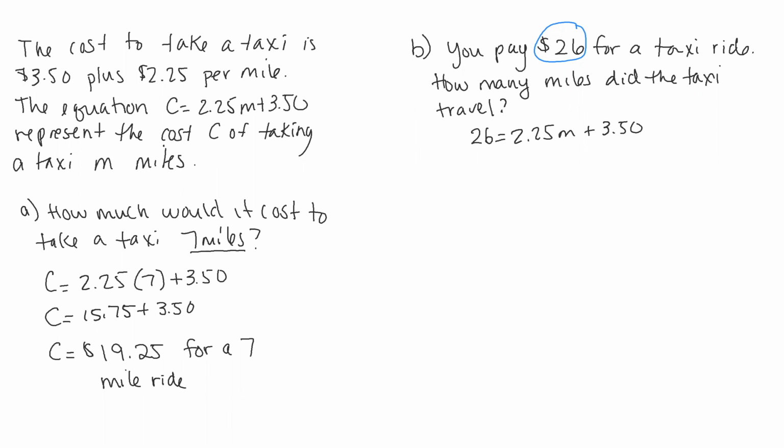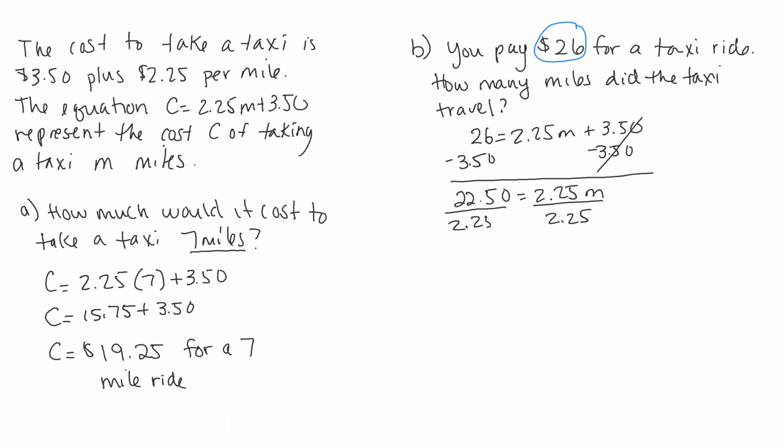So what I need to do is isolate the term in this equation that contains the M. The issue is 2.25 M has a 3.50 added to it. So let's subtract 3.50. All right. So that's going to be 22.50 equals 2.25 M. 3.50 on the right side of the equation canceled. Now I've got my M term alone, but I need to isolate it. The way I isolate the M is I undo the multiplication of 2.25 and M. So I'm going to divide both sides by 2.25.